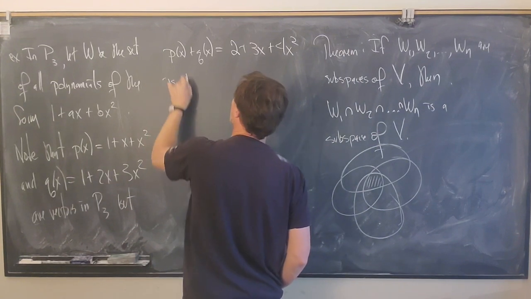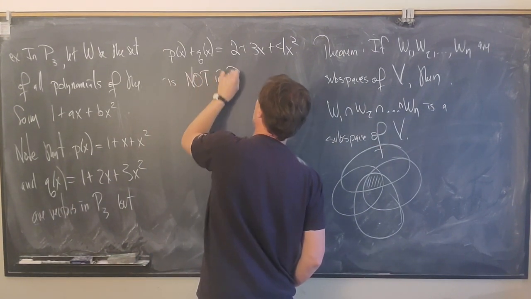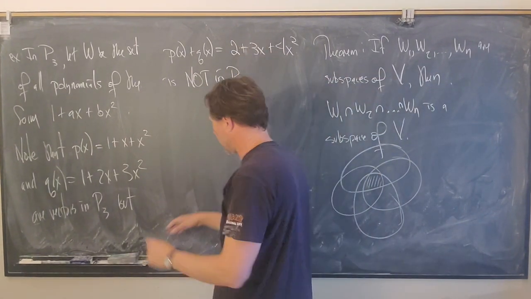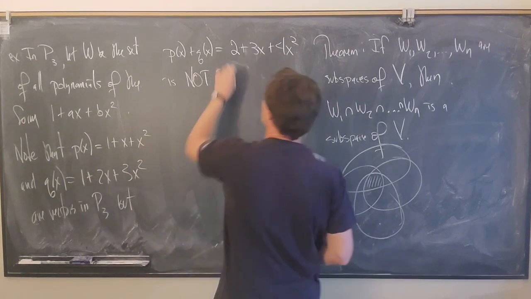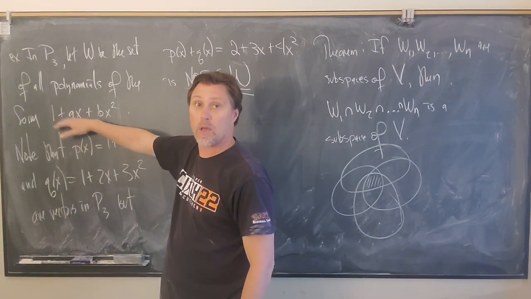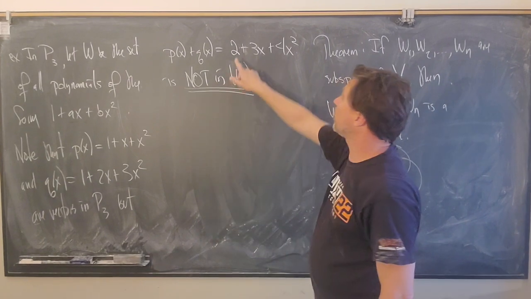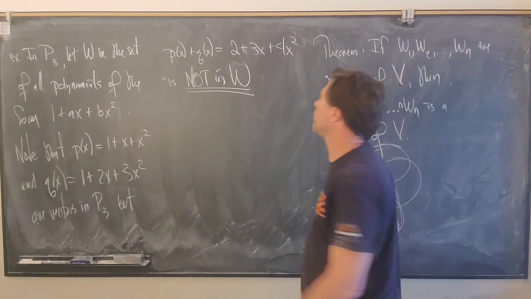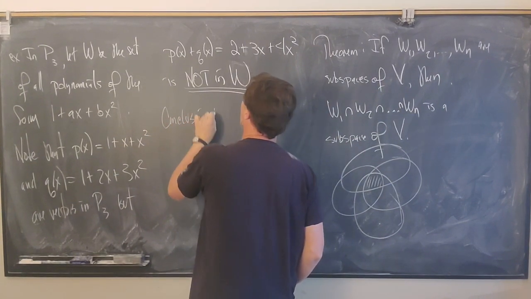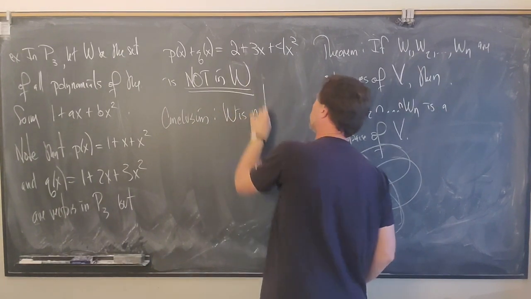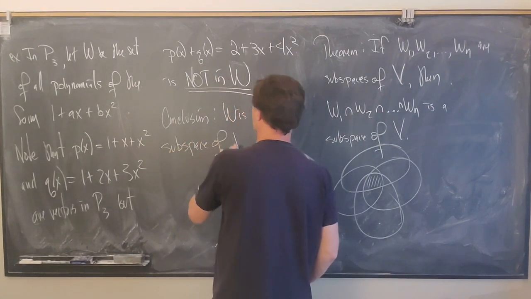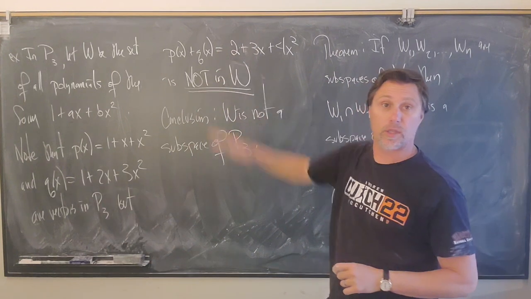This is not in P3. Why not? Well, sorry, not in P3, in W. Oh, sorry. It is not in W. Why is that? Well, the vectors in W have to look like this. They have to start with a 1. What do we have here? We have a polynomial, but it starts with a 2. So conclusion, W is not a subspace of P3. Why is that? Well, it's not closed under addition.